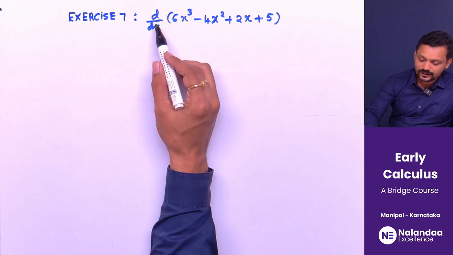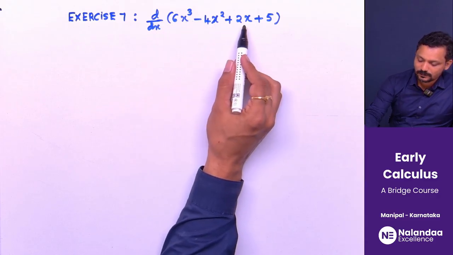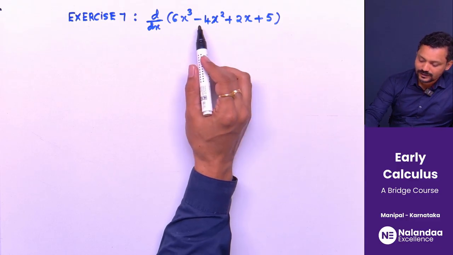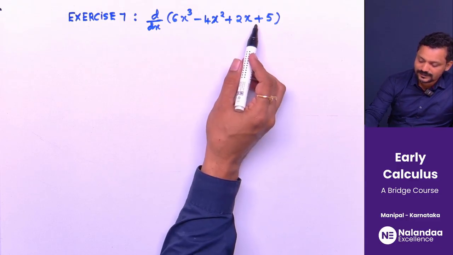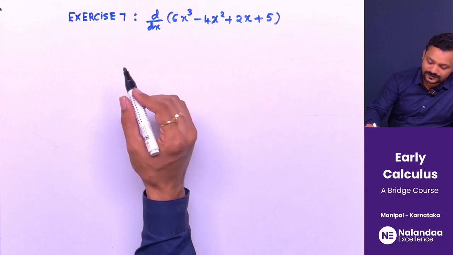Exercise 7, d by dx of 6x cube minus 4x square plus 2x plus 5. Since there is minus and plus sign between the terms, we will individually differentiate this.